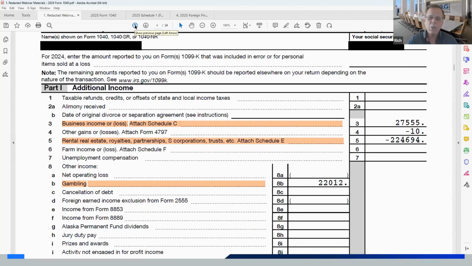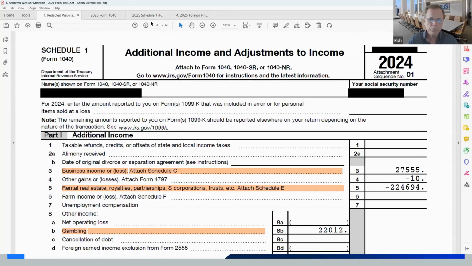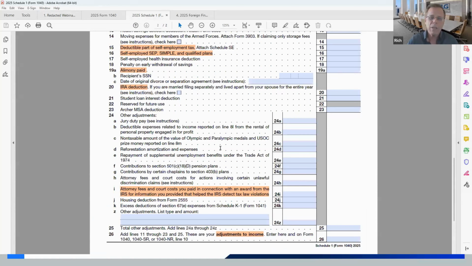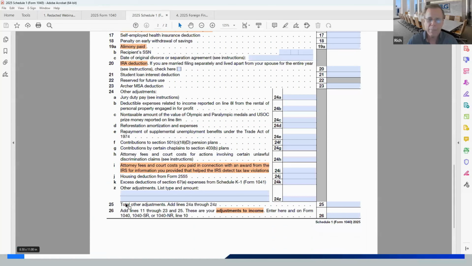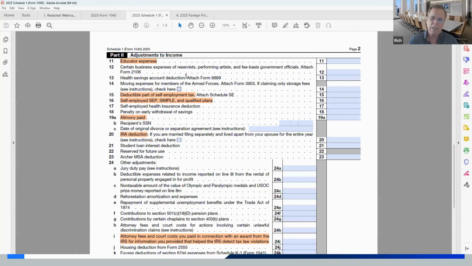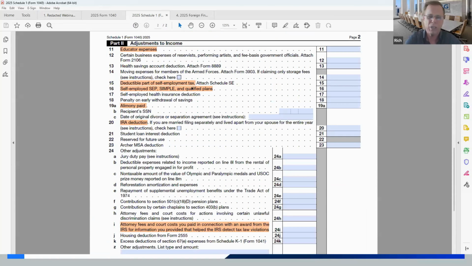So if you go to page two, but this is page one. So page two, if you can go to the top, Lou. These are the adjustments to income that I was talking about, from total income to get to adjusted gross income.